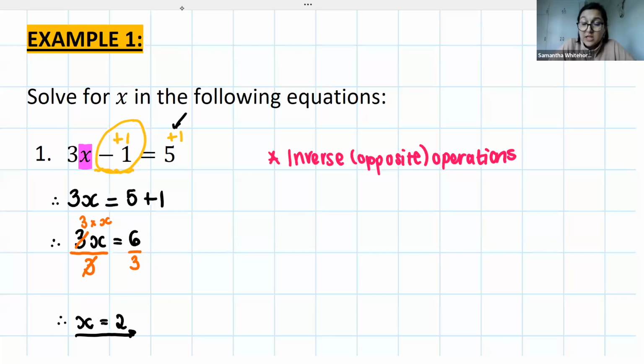You need to be checking that you get the same answer as me. There's only one answer option. So you need to be checking that you do have the same answer as me, but your working out can look slightly different depending on how you've learned to do it. In this case, this is pretty much it, but there are some instances where your working out might look a bit different. I'm just telling you this so that you don't have to ask me, ma'am, I've done it this way, is it right? If you're really not sure, obviously put it on the chat and we'll help you, but sometimes it does look a little bit different.